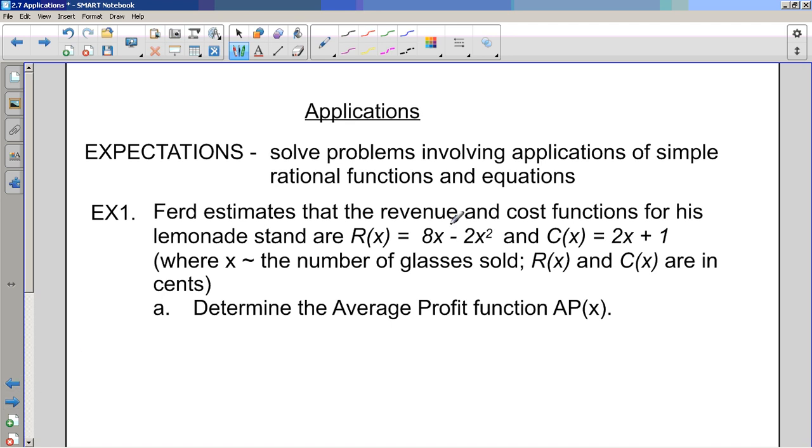Here we go. Ferd estimates that the revenue and cost functions for his lemonade stands are blah and blah, where x is the number of glasses sold, R and C are in cents, not dollars and cents. Okay, dandy. And we're asked to determine the average profit function, AP of x.